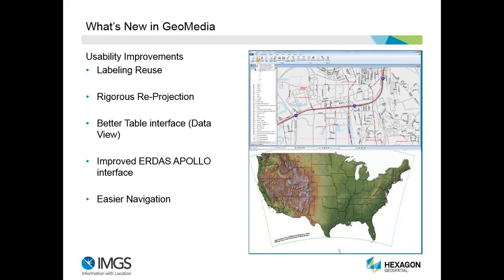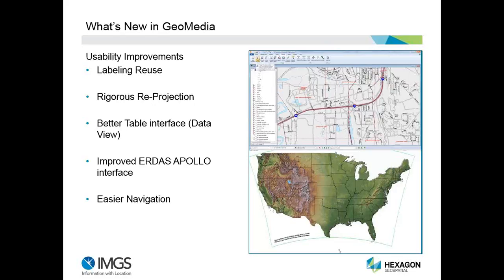GeoMedia has long been a very good tool at reprojecting data. So if you're bringing information in from multiple projections and grids, it can be used to actually reproject that data into a single grid on the fly, and there's been some performance improvements in that in this release. They've also improved the table interface in the data view, made it easier to use, and improved the Apollo interface.